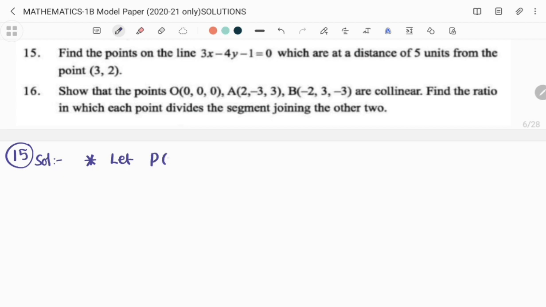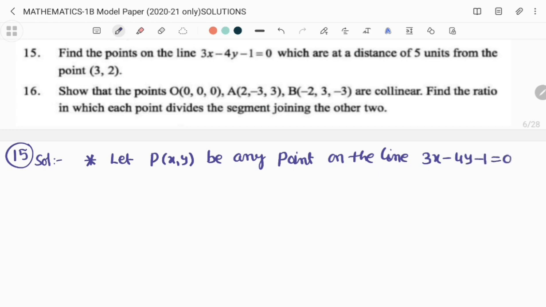Let P(x, y) be any point on the line 3x minus 4y minus 1 equal to 0. You put that as equation number 1, which are at a distance of 5 units from the point (3, 2).